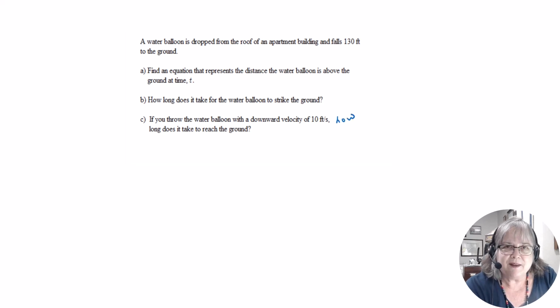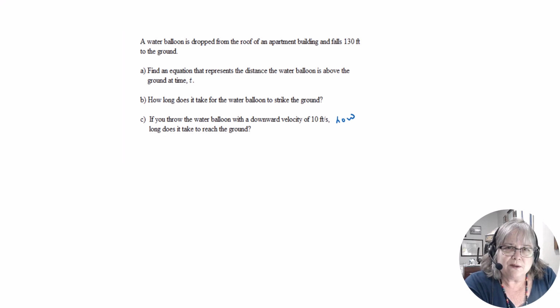All right, now let's talk about this for just a second. When you are going through this problem, we need to get our head wrapped around the problem per se. So what's the difference between the initial statement and part C? Well, on part C, it says that you're going to throw the water balloon downward, and on the original statement, it just says it's dropped.